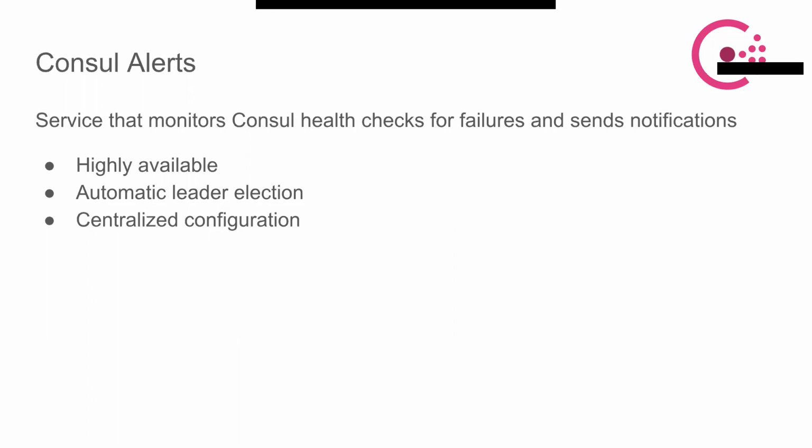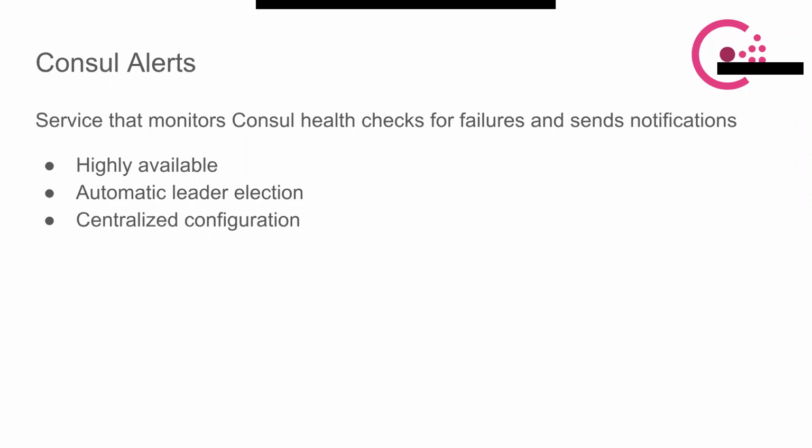In our environment, we stood up 3, and each of those Consul Alerts services is on each of the Consul server boxes. So as long as one of the Consul servers is up, there's going to be one Consul Alerts service running. You're leveraging the cluster that way.